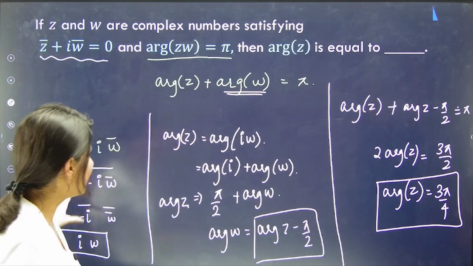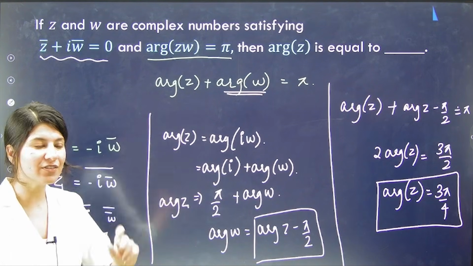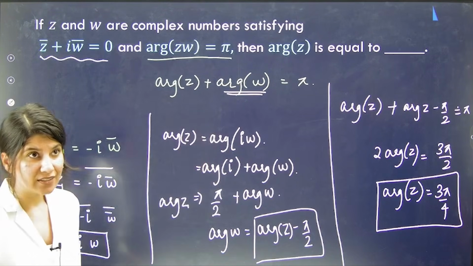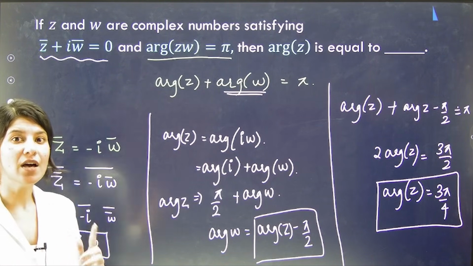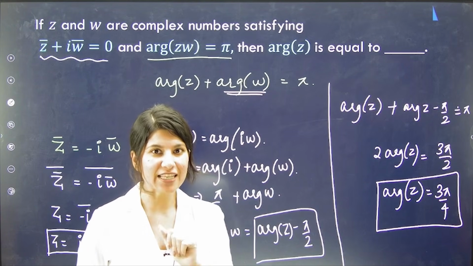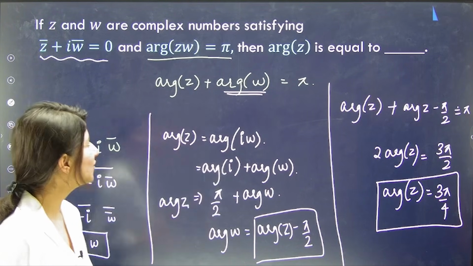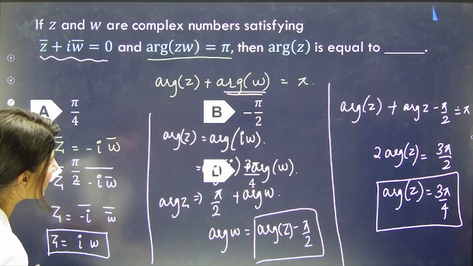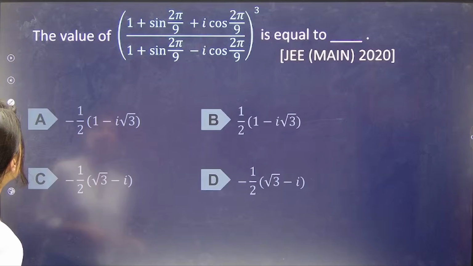Very few people will be able to think originally for the very first time. But now that I have told you, this is how it is done. So next time, whenever you see this question, you will be like, take argument on both the sides. Yes or no? Write in the chat box. Okay, so the answer will be 3 pi by 4. 3 pi by 4 will be absolutely right.